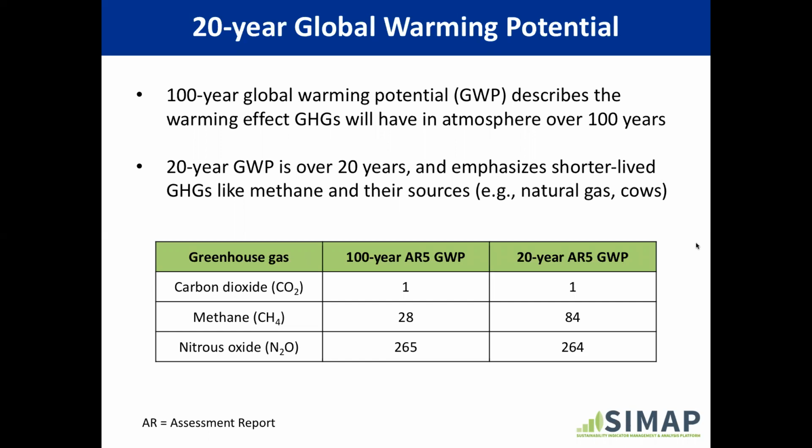So here you can see the 100-year GWPs and the 20-year GWPs for the three most common GHGs. And these are now going to be options in SIMAP that you can choose and select.